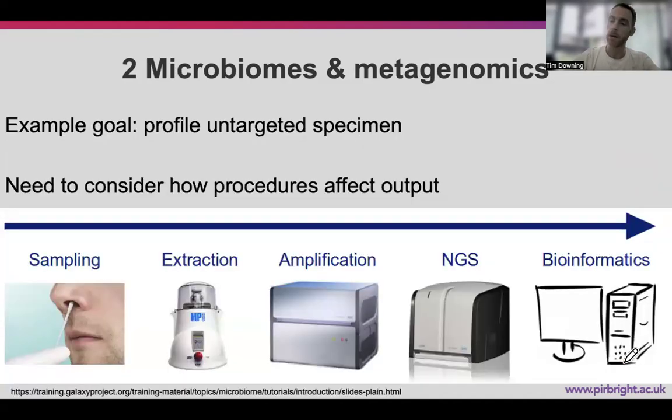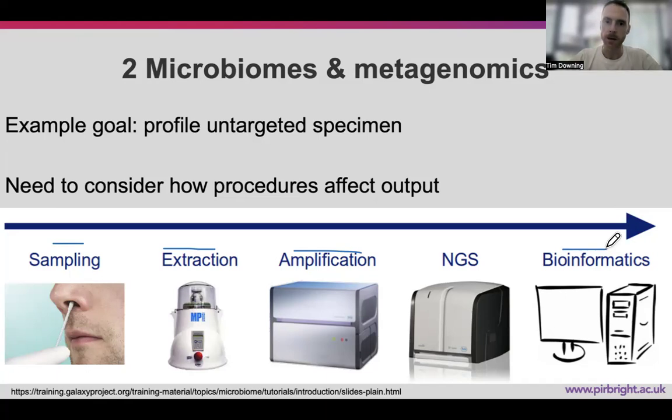An obvious example is that we have a mammal of some kind that is infected with something that appears to be unusual. So our steps include sampling, extracting the DNA or RNA, and conversion to cDNA, amplifying that using suitable technology, sequencing it, and then our main focus is on the bioinformatic interpretation of that data.